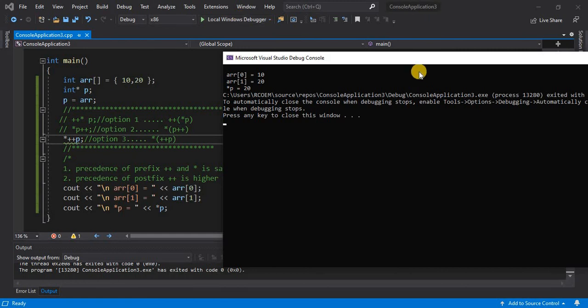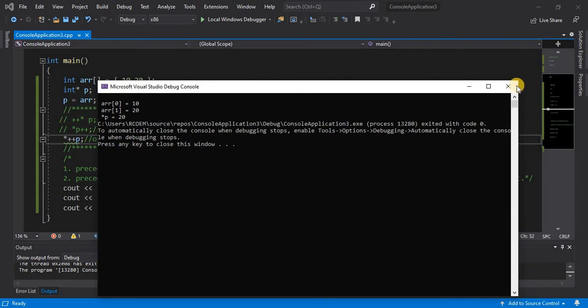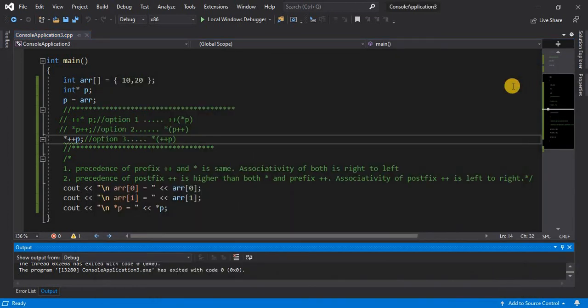So let us try to revise it here. Any combination of plus plus and star, or p plus plus and star, or star plus plus p, you can solve these kinds of examples by simply remembering these two simple rules. That is, the precedence of prefix plus plus and star is the same, and when the two operators have the same precedence, associativity comes into the picture, and the associativity of these two operators is right to left.